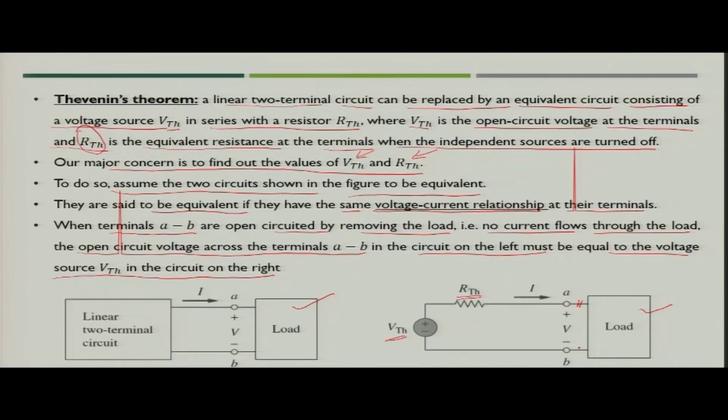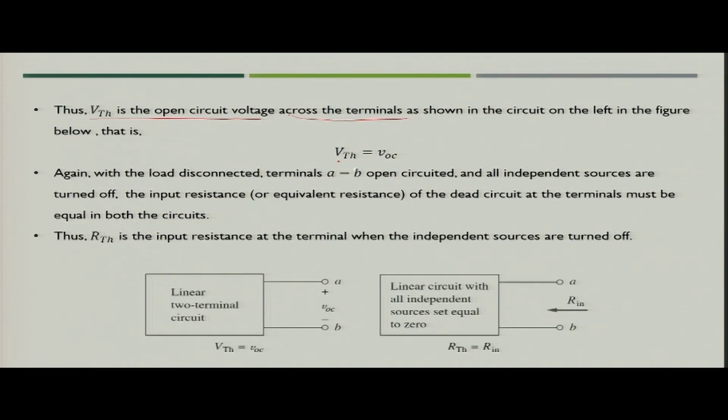So, if you remove the load, no current will be flowing, and in that case, this particular voltage would be nothing but VTH. So, what we can say is that the open circuit voltage across terminal AB of the linear two terminal circuit would be equal to VTH.